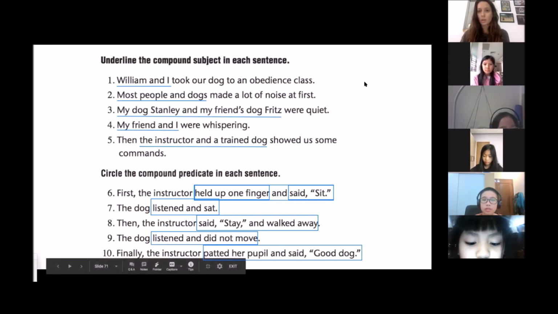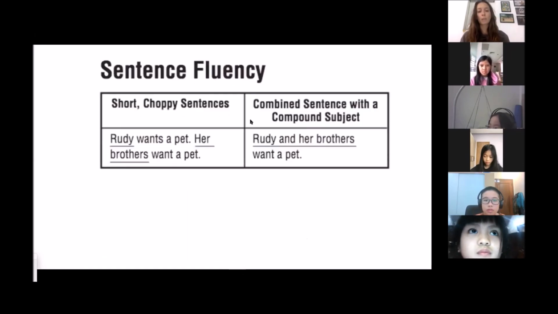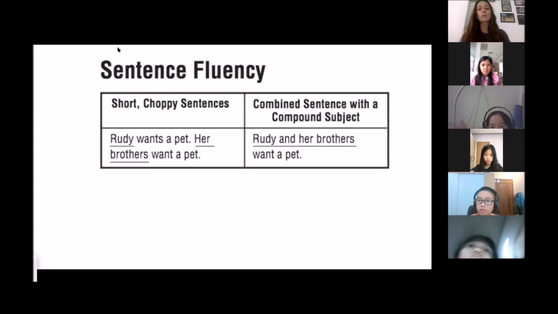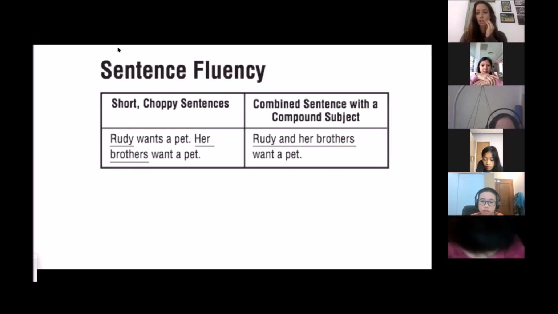No? Okay. Let's go on with combining our subjects. Looking at our short, choppy sentences. Rudy wants a pet. Her brothers want a pet. So these sentences don't sound very good. They're too short. They're too choppy. They both have the same predicate or the same action.